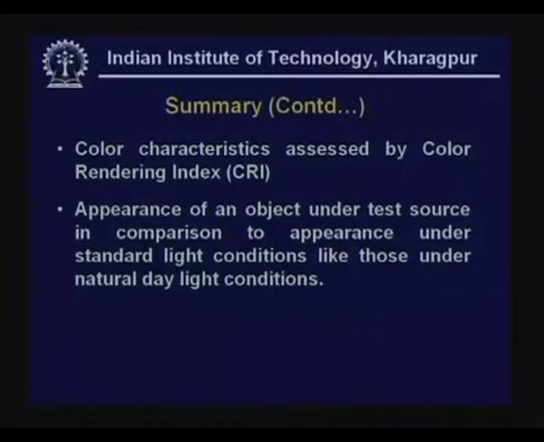However, for assessing the CRI or Ra, depending on the class of source based on the color temperature, one can have different types of reference sources. So, the appearance of an object under a test source in comparison to its appearance under standard light conditions is what we call the color rendering index.